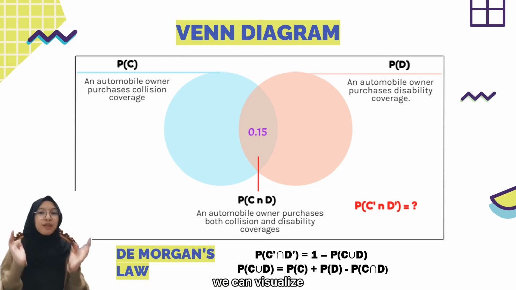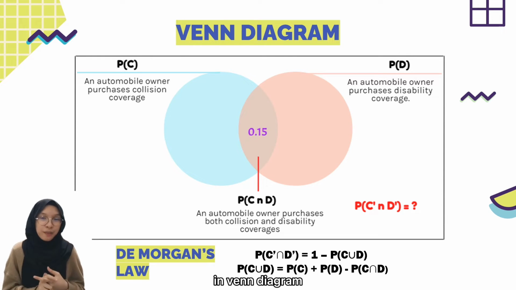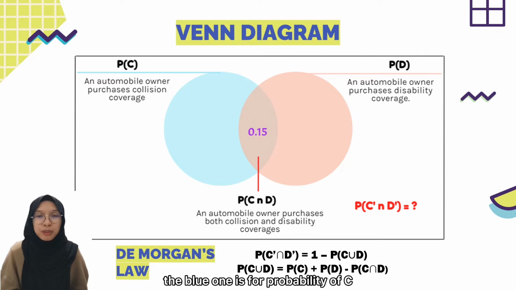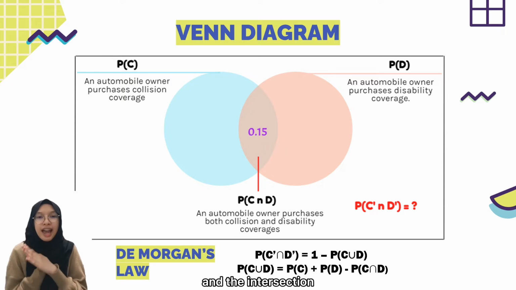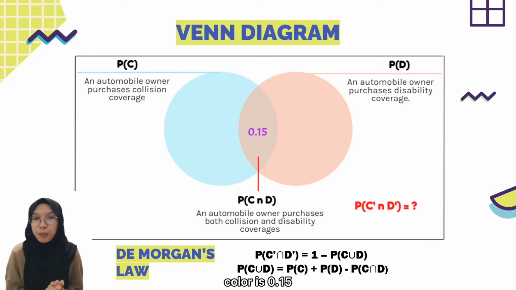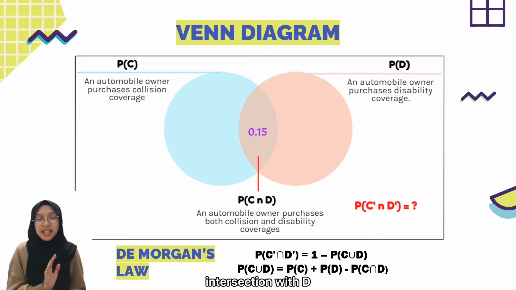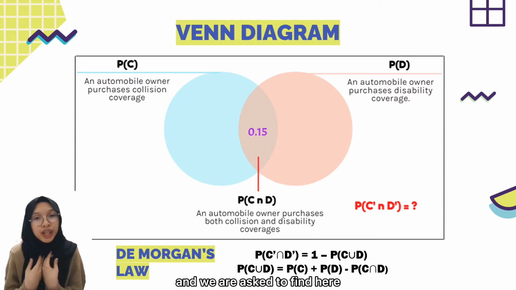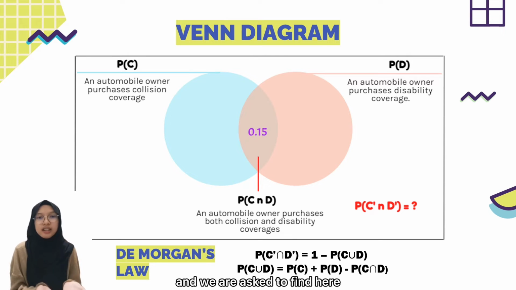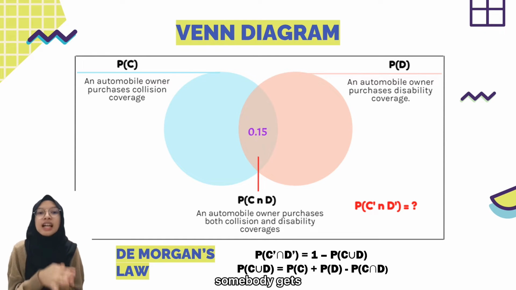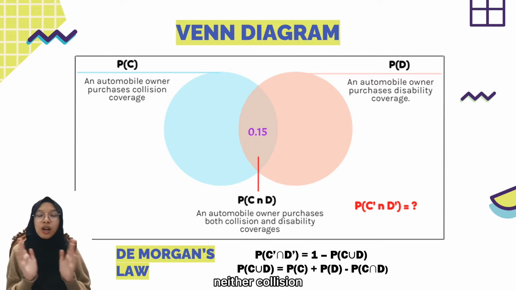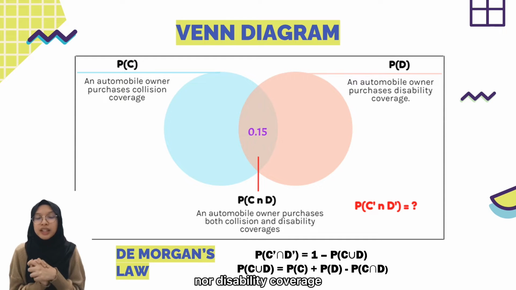Now, we can visualize it in a Venn diagram. For easier understanding, the blue one is for probability of C and the pink is for probability of D, and the intersection between these two colors is 0.15, the probability of C intersection D. We are asked to find the probability that somebody gets neither collision nor disability coverage.